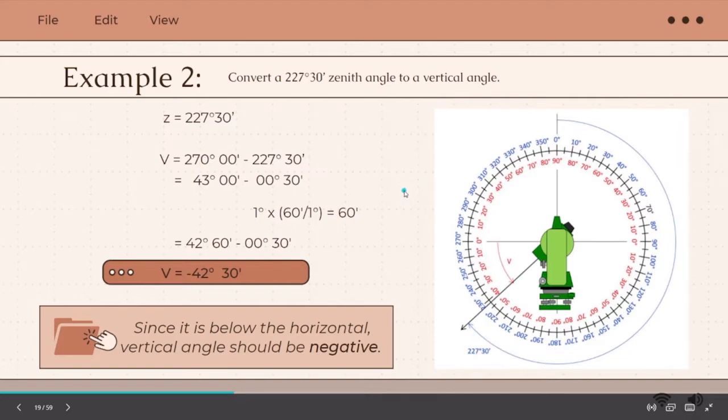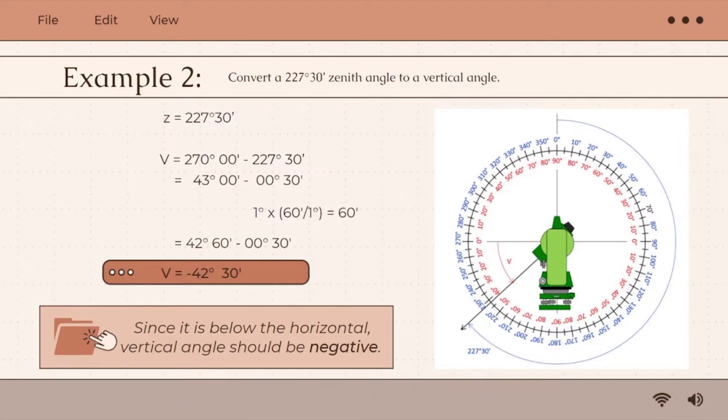So similar to the first example, we must establish that from the zenith angle of 0 degrees going to the opposite of the horizontal, it measures 270 degrees. And from this measurement, we will deduct the given angle of 227, and it will give us a value of 43 degrees. And since the given is also a unit in minutes, we must take 1 degree of our 43-degree measurement and convert it into minutes.